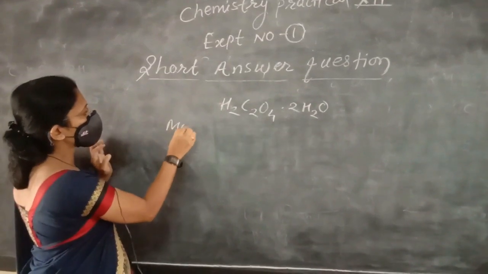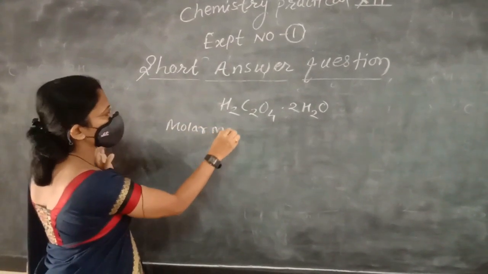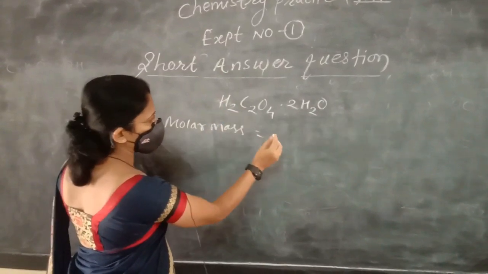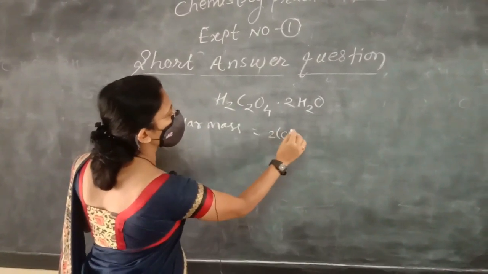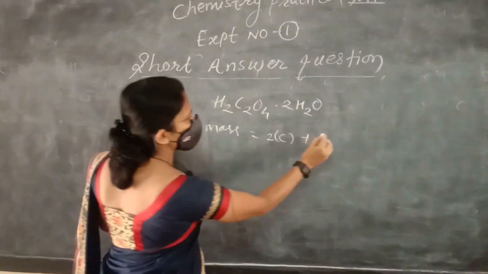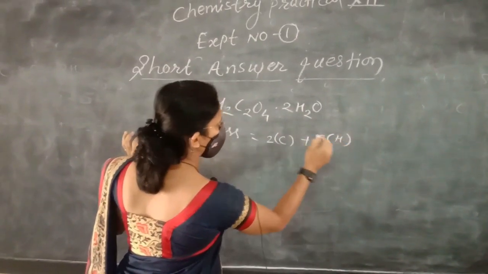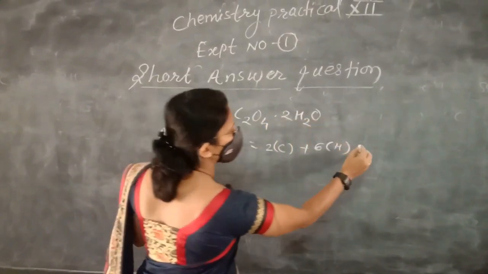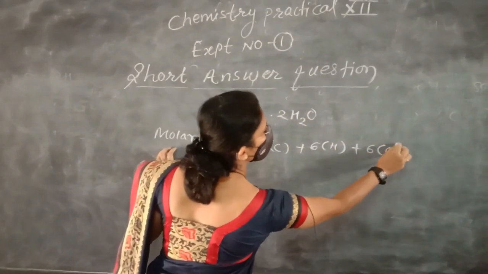So when we want to find the molar mass, see here there are total carbon 2, plus hydrogen 6, and oxygen 4 plus 2, that is 6.